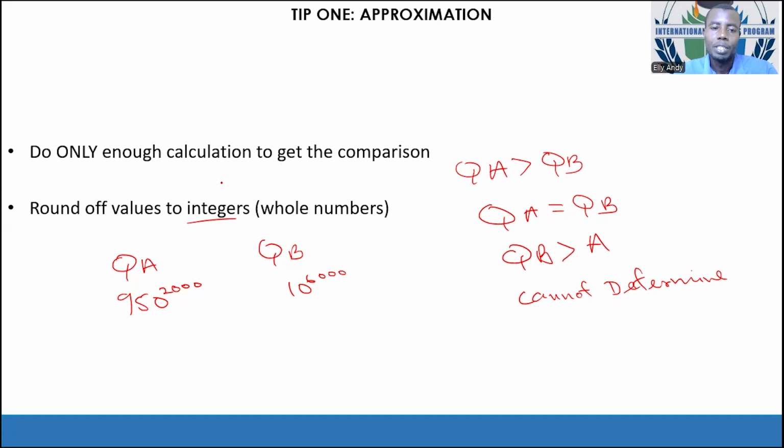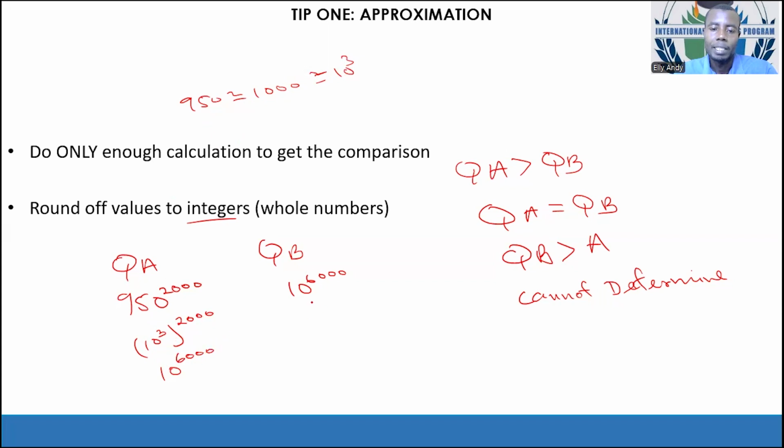But if you know that you can use approximation, you can do this in under a minute. Because, for example, 950 is approximately 1000. That is, 950 is just slightly less than 1000, and 1000 is 10 power 3. So instead, you can use here 10 power 3, and then this one is raised to power 2000, and 10 power 3 raised to power 2000, that is 10 raised to power 6000.